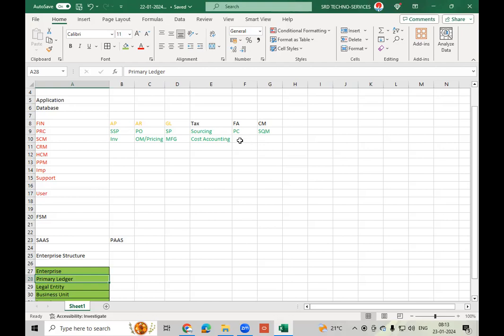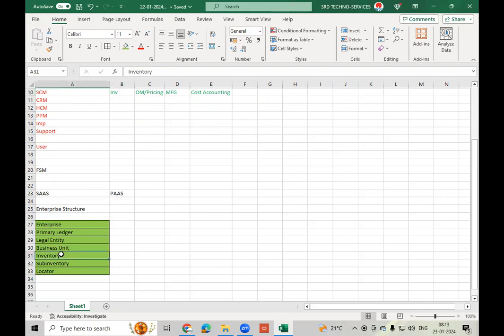The modules in which transactions maintain accounting entries, we can call source applications. Suppose now I am purchasing material. I send a PO to my supplier. The supplier supplies. My inventory people will receive the stock into inventory and store it in the sub-inventory.